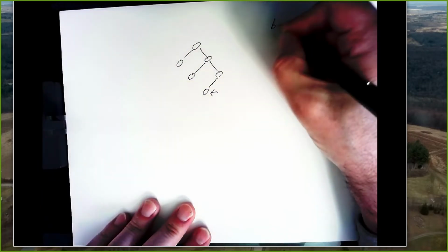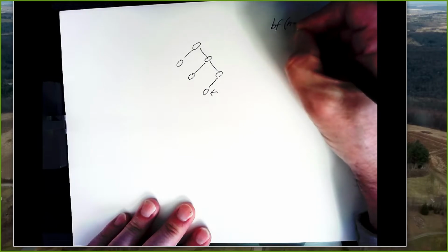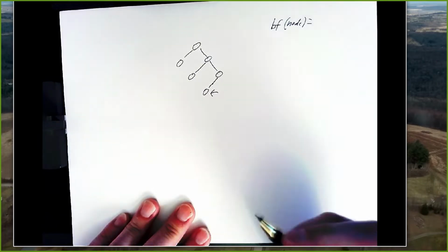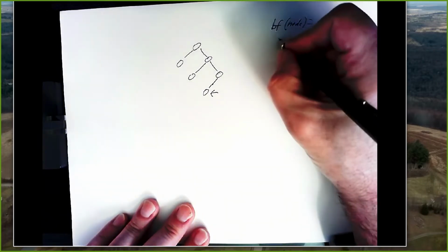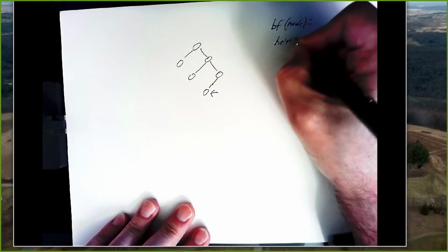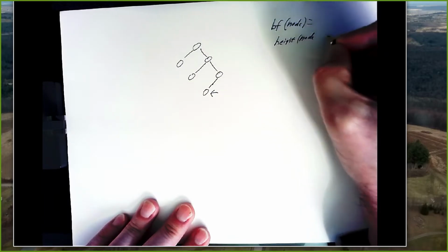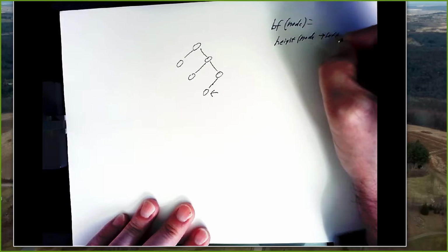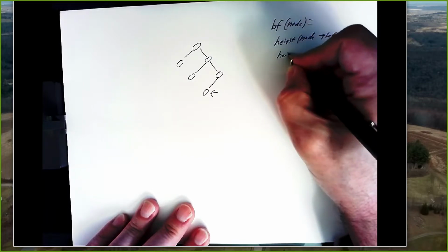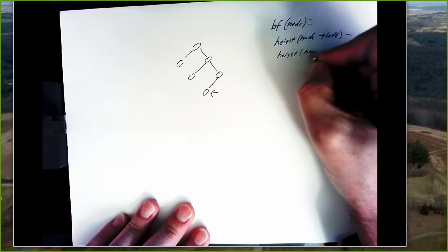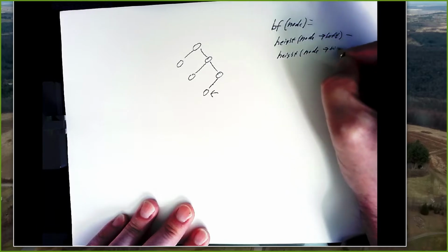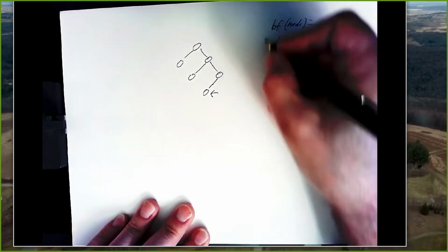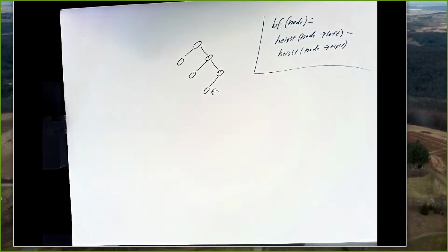The balance factor of a node I'm going to define as the height of the left child of the node minus the height of the right child. And there's no absolute value in here. We actually want this to be signed. So it's the height of the left subtree minus the height of the right subtree.